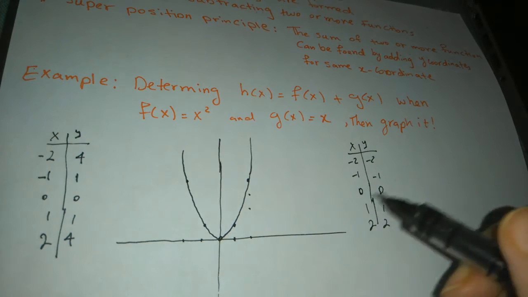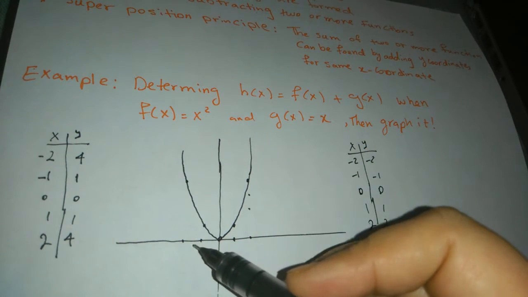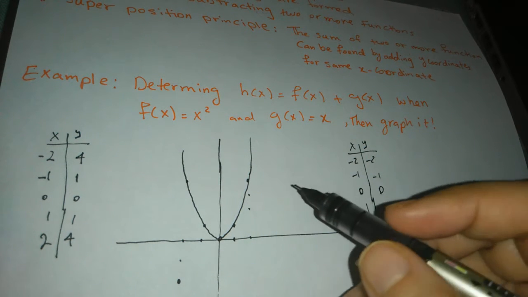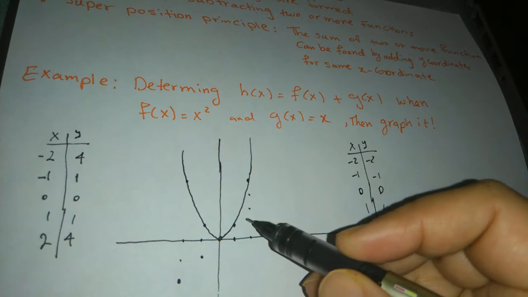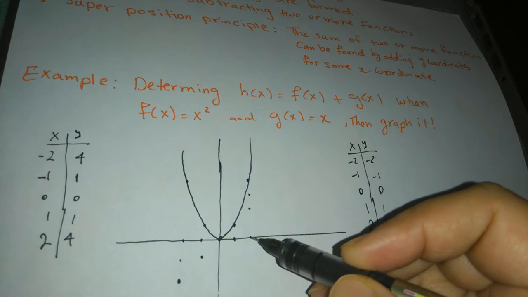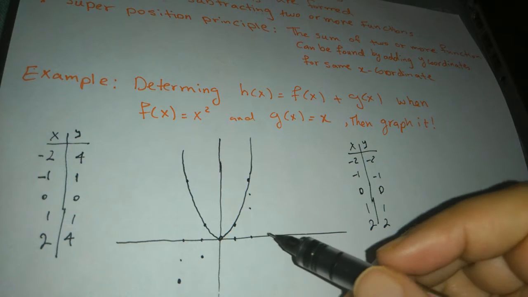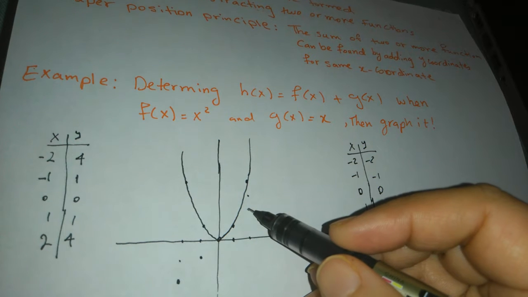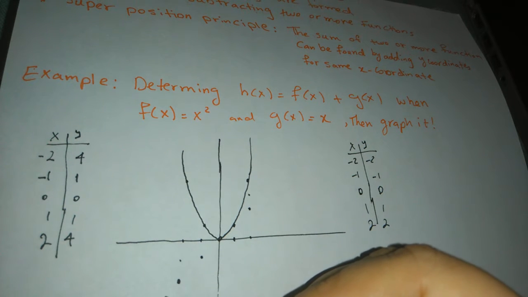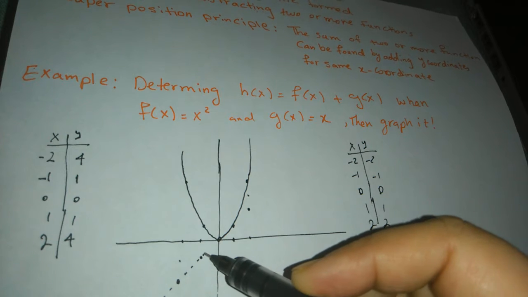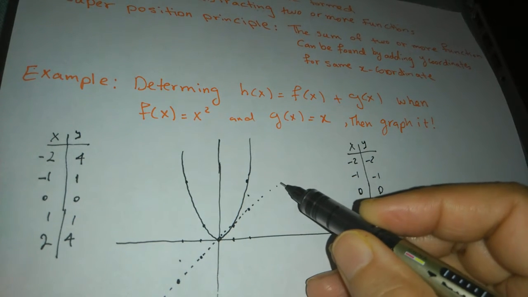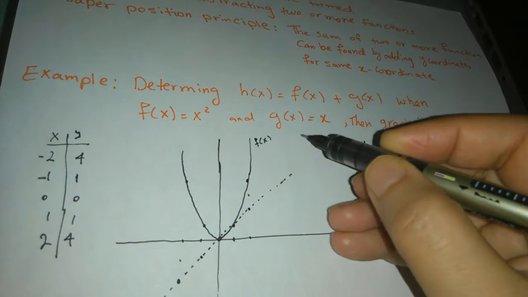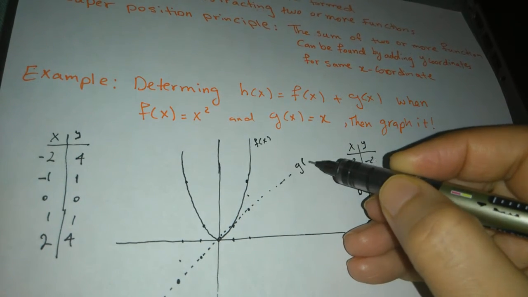I'm going to plot these points and connect them for the line. So this is going to be my f of x, and this is going to be my g of x.